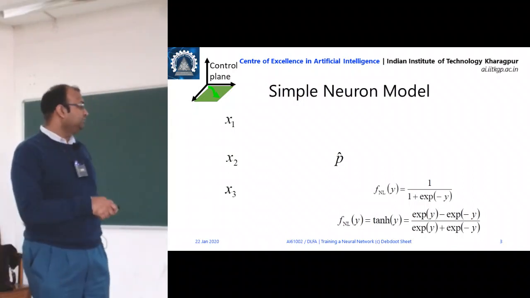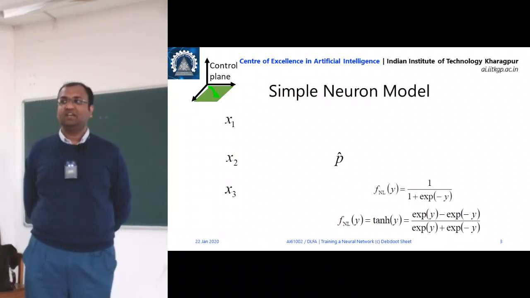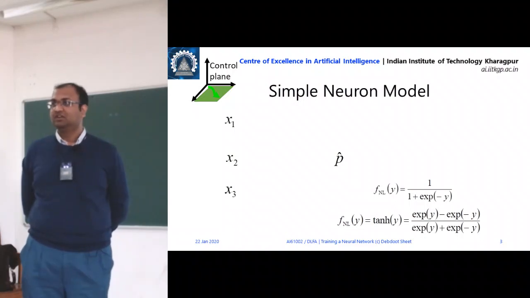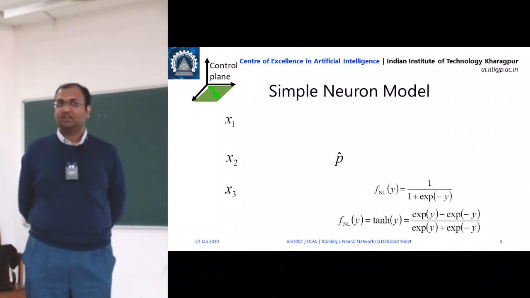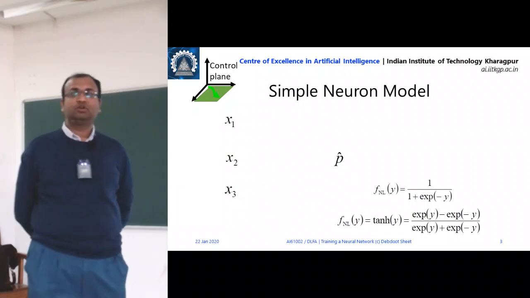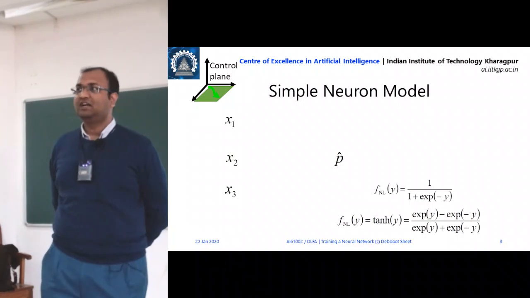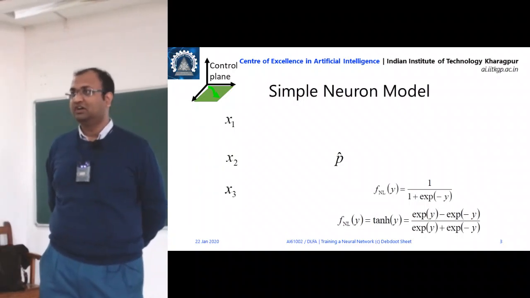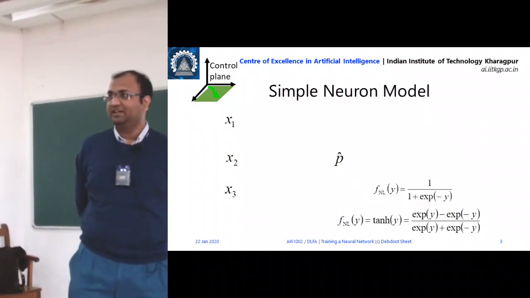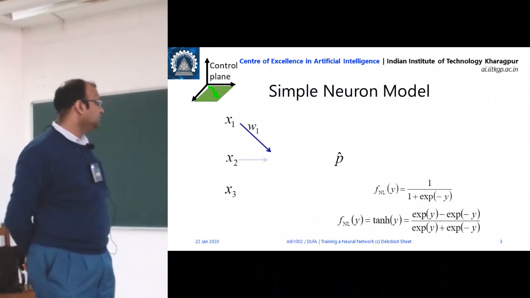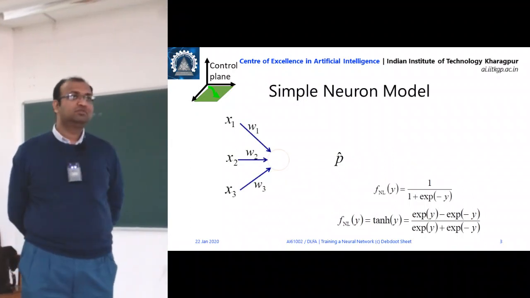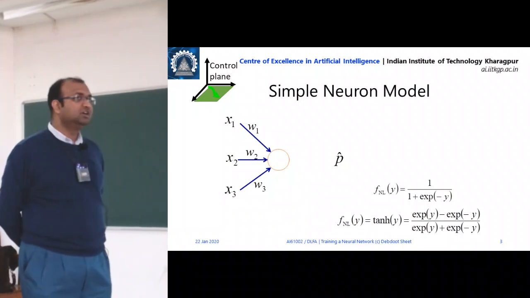Since this p is predicted, p hat is what I am using, and whatever is the ideal, desired value of that output is called p without the hat. So whatever comes out of the neural network or is predicted by a model is given the superscript hat, and whichever does not have that hat is my ground truth, or direct observation in my data set.